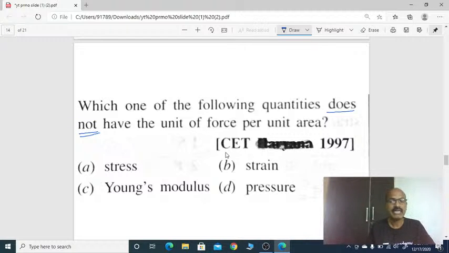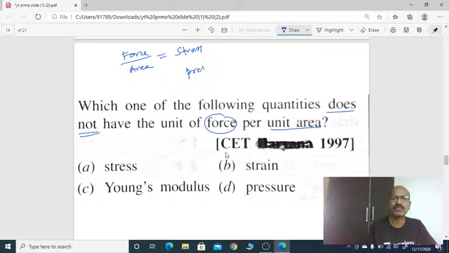Always in theoretical questions, while reading the question itself, with lateral thinking, you need to see the key point, right? We know force per unit area, force by area, is nothing but stress.